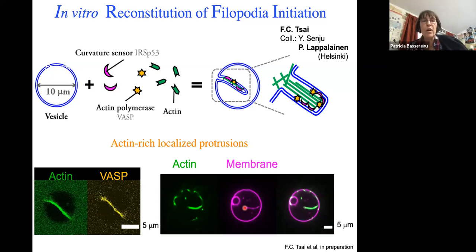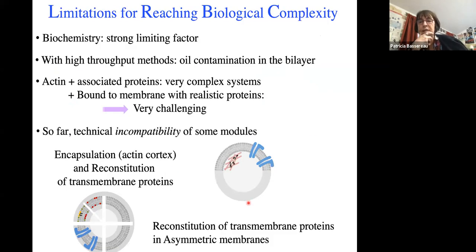So I will finish by, at least I think I showed you different examples of what can be done to reconstitute different modules corresponding to some function in the cell membrane. You could see that a lot of it also depends on the purification of constituent proteins, actins, etc. So biochemistry is a very important factor for the success of this kind of approach.